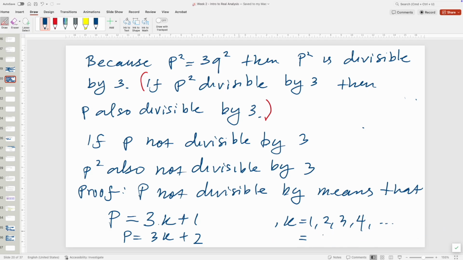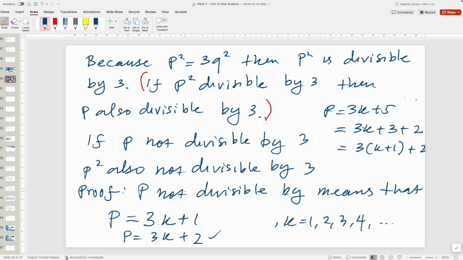What about 5? P equal to 3K plus 5. So 5 can be written as 3K plus 3 plus 2. This one can be written as 3 times K plus 1 plus 2, same as this one.